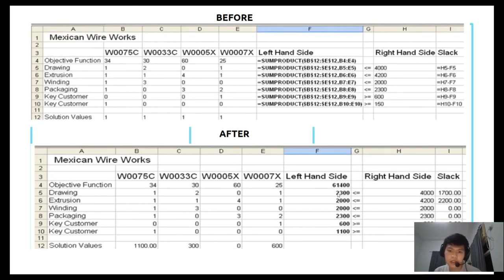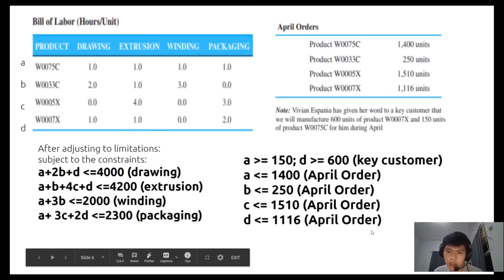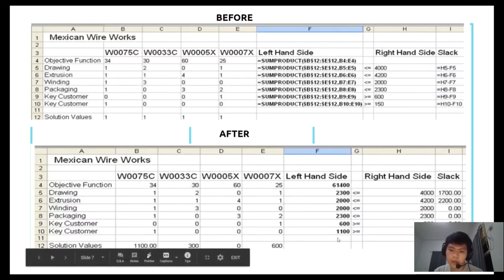The left hand side should be for drawing 2,300, for extrusion 2,000, same with winding 2,000. Packaging is 2,300, and for the first key customer, the 600, that was product D, and the 1,100 for the key customer is for product A.